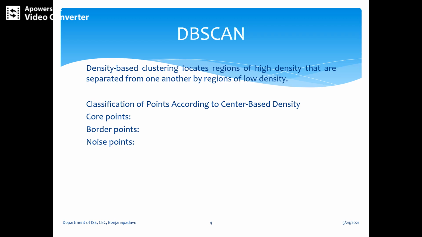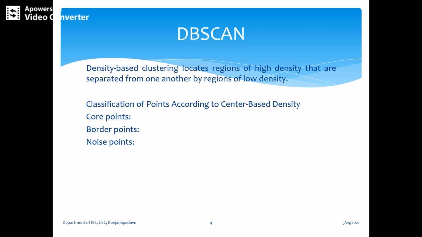An approach for deciding an appropriate radius for low-dimensional data is given in the context of our discussion of DBSCAN. So here there are points we need to consider: classification of points according to center-based density. The center-based approach to density allows us to classify a point as, number one, in the interior of a dense region, that is a core point.